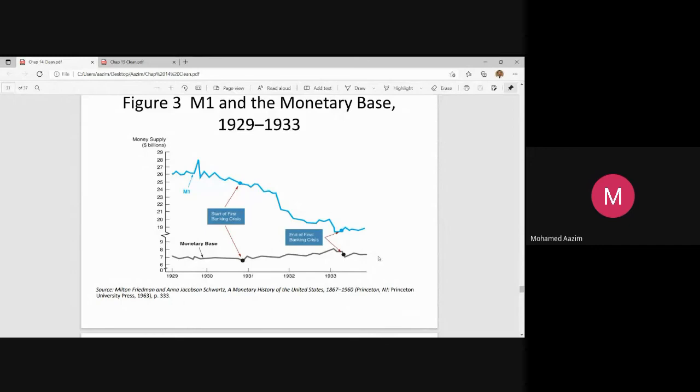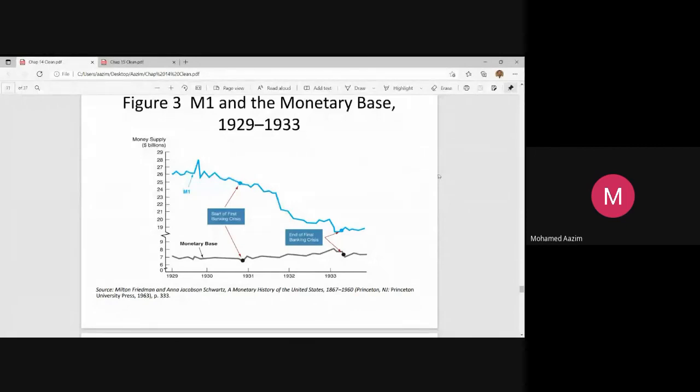Right? But what you are simply seeing is money supply is decreasing. What drives this money supply to decrease? Given a certain monetary base, the money supply M equals small m times monetary base MB.